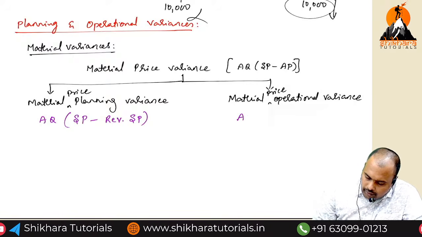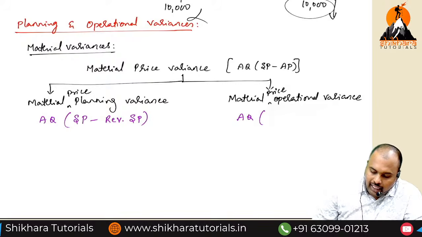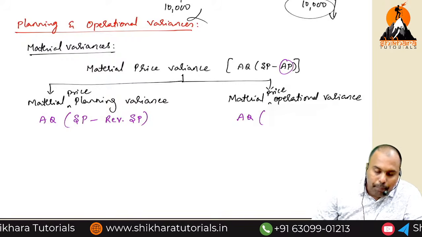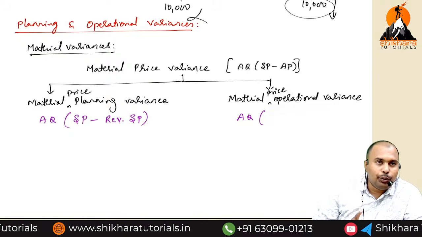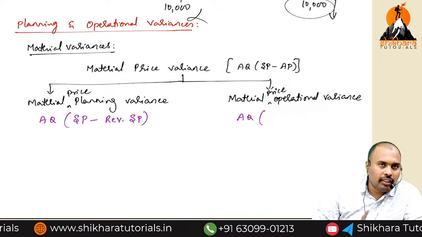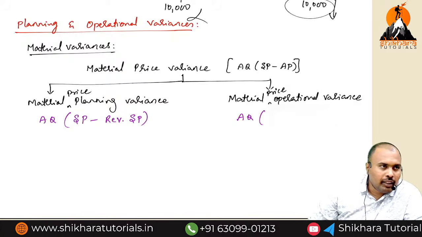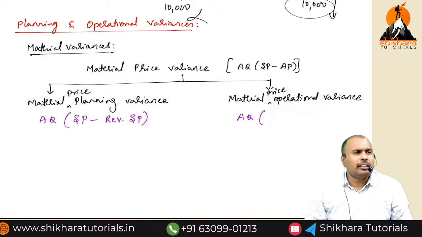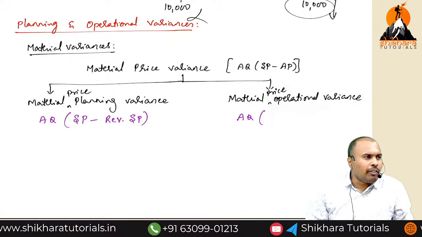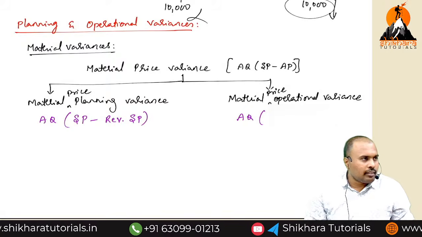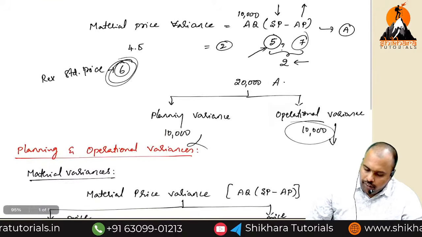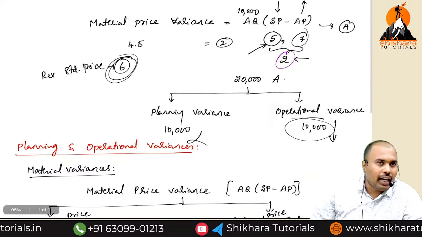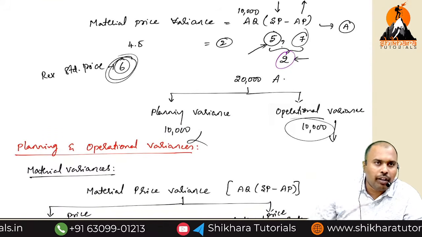Okay, next term. AQ, as I replaced AP in planning, in operational use revised standard in the place of SP, in the place of standard. Operational means you're supposed to take 6, but you have taken 5. Now you take 6. Normally we got a 2 rupees variance, but actually, because of inefficiency, we got only 1 rupee variance.